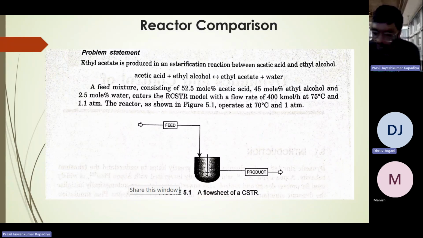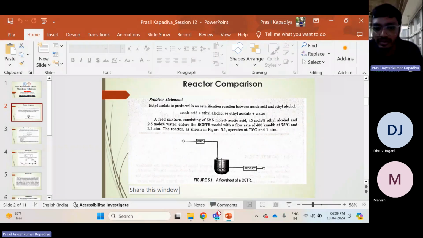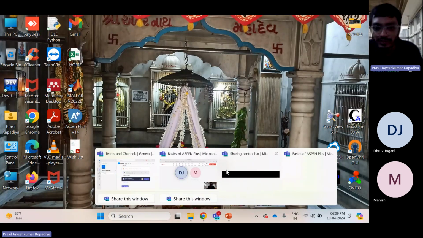Sir, 1 minute. If it is not working, let me know, I will tell you what values to add. No, sir, I cannot take a screenshot. Okay, so let's do one thing. I will tell you the values and accordingly you proceed. Okay, so you can share your screen.